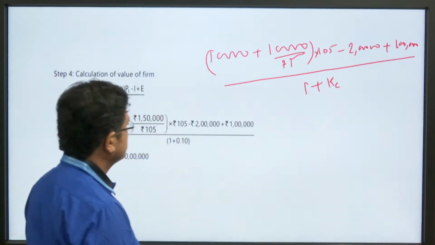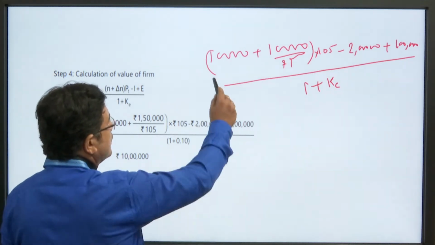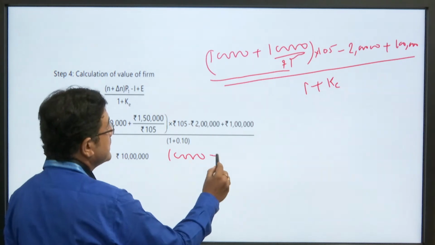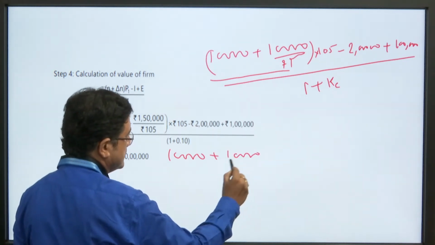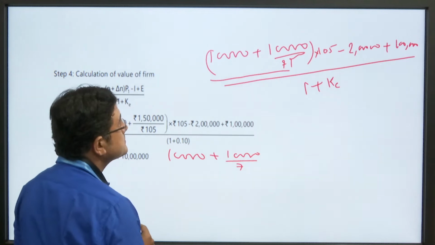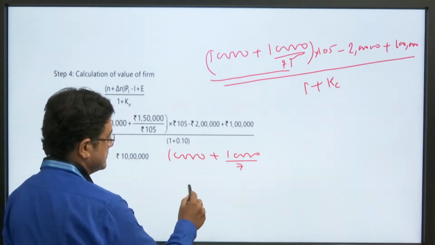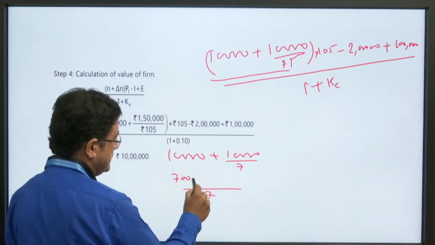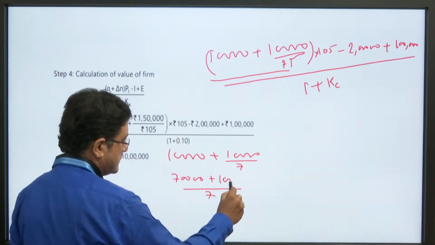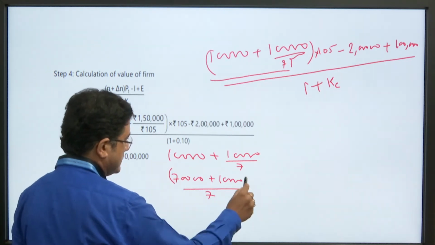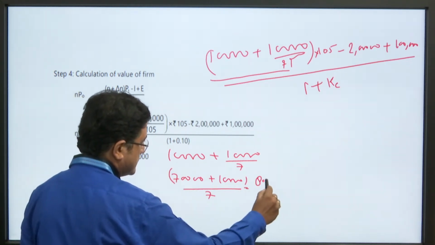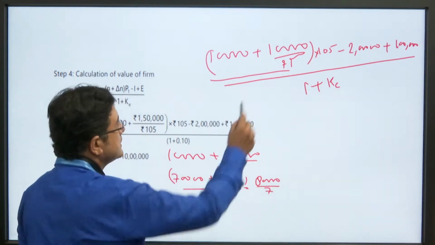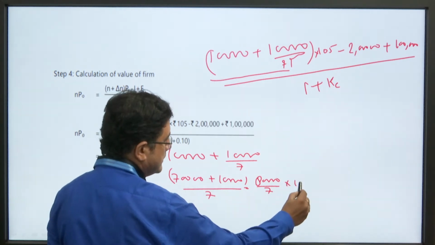First solve this part: 10,000 plus 10,000 by 7. Take the LCM: 70,000 plus 10,000 equals 80,000 into 7. We solve this one.